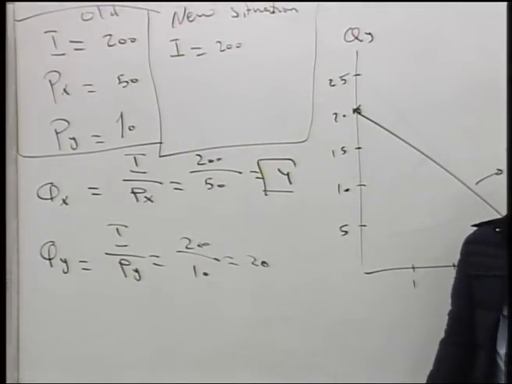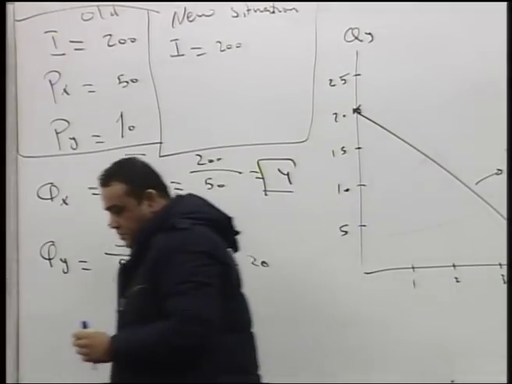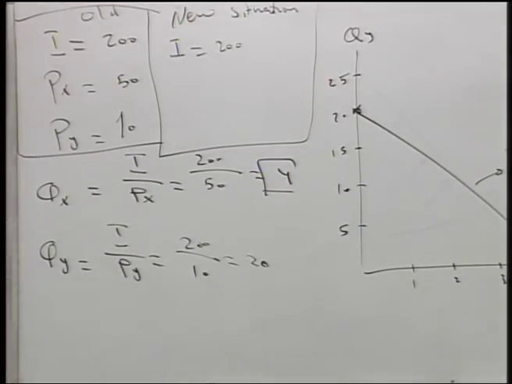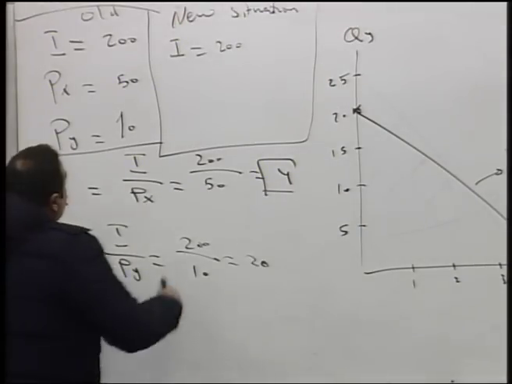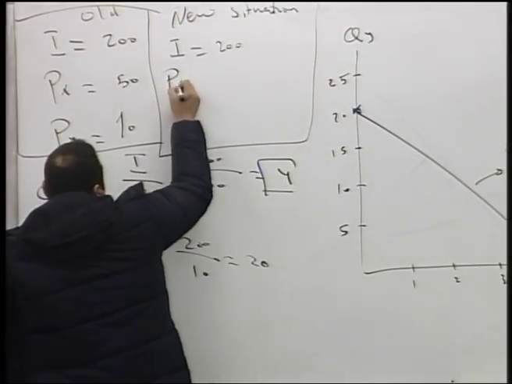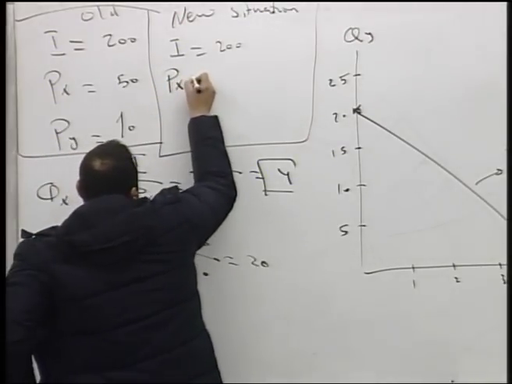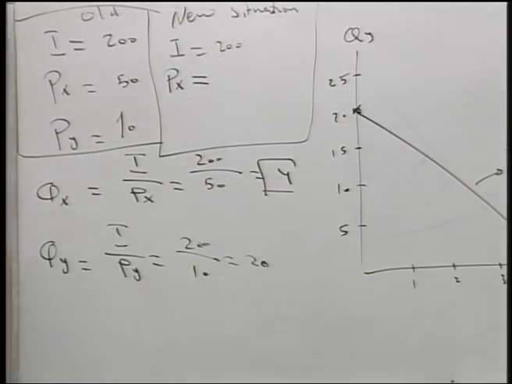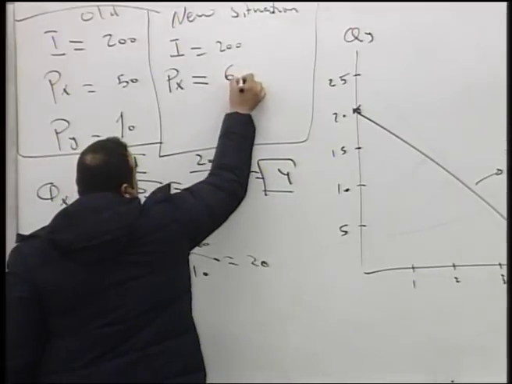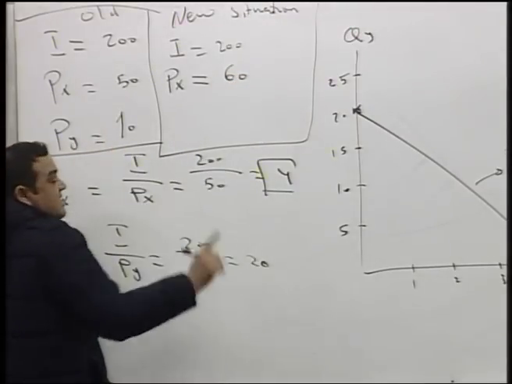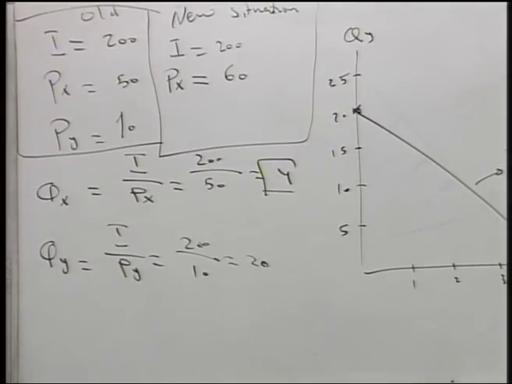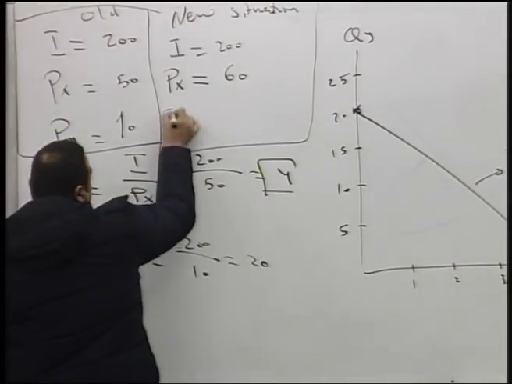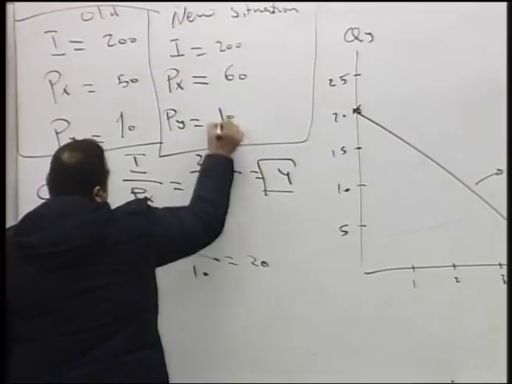The price of X increased from 50 to 60, and the price of Y remains constant at 10.